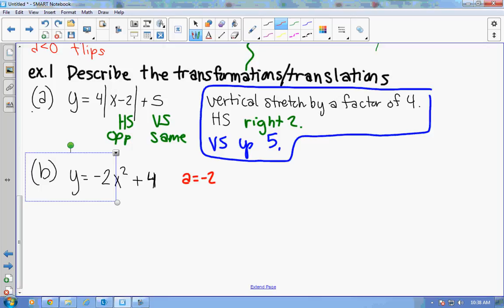What does that do to the graph? It flips because there's a negative. It also does something else. It's a vertical stretch by a factor of 2, because the absolute value of A, the absolute value of -2, is +2, and 2 is greater than 1, right?